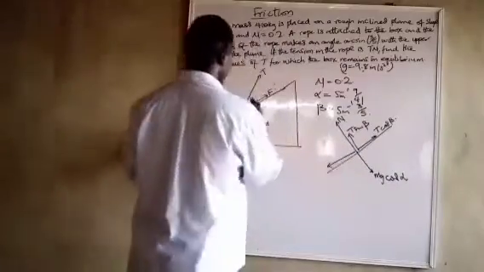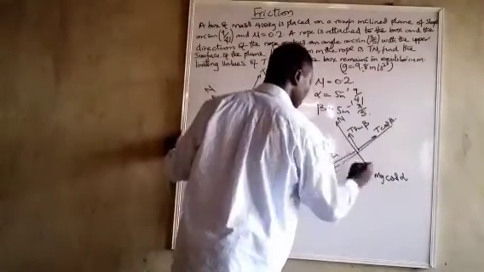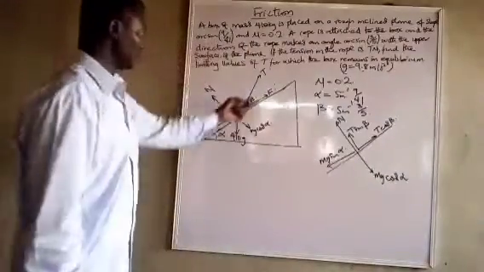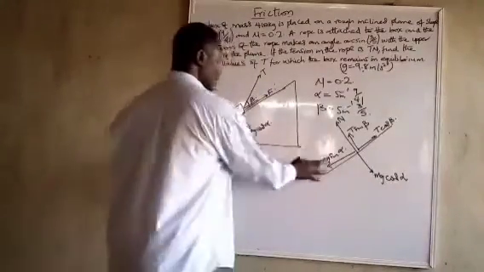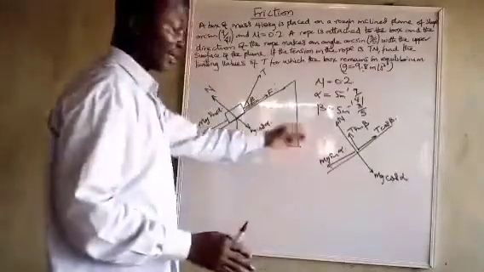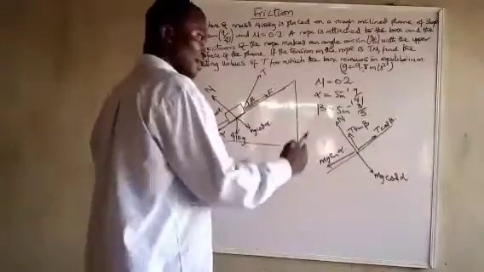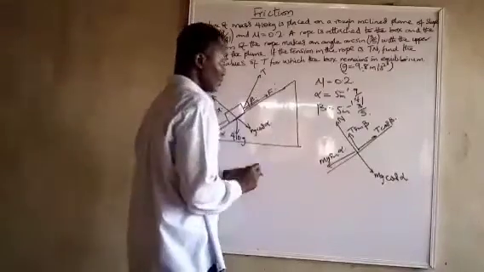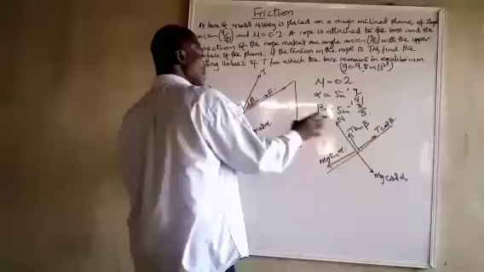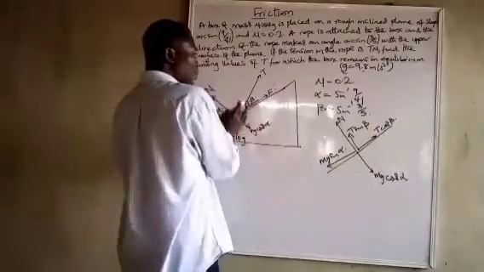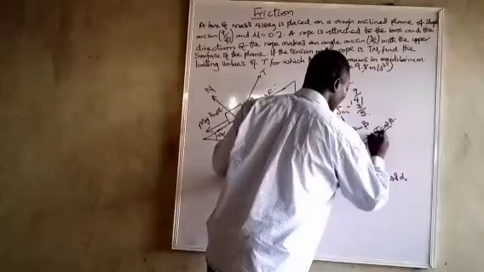We have mg sine alpha. Please take notes. We have mg sine alpha. This is the first. These are the constant forces. But F is the one that changes and varies from place to place, which now affects the value of T. Now we are saying that if the tension T is to prevent the body from sliding down, F will be upward.